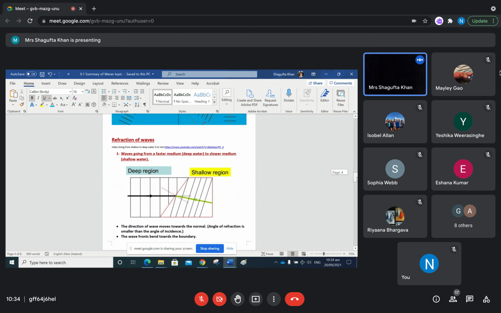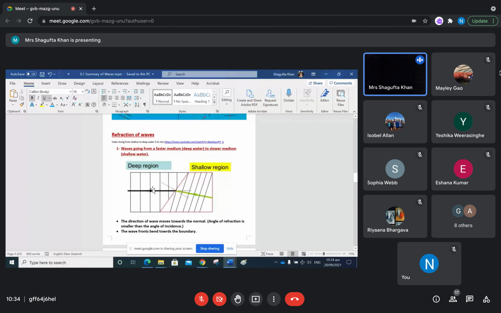If we look in a little bit more detail, again, deep water means faster medium, shallow water means slower medium. So that's the direction of the wave travel. That's the wavelength from here to there. That's the wavelength of the refracted one. So it's becoming smaller. And if you look at the direction, this red dotted line is the normal.